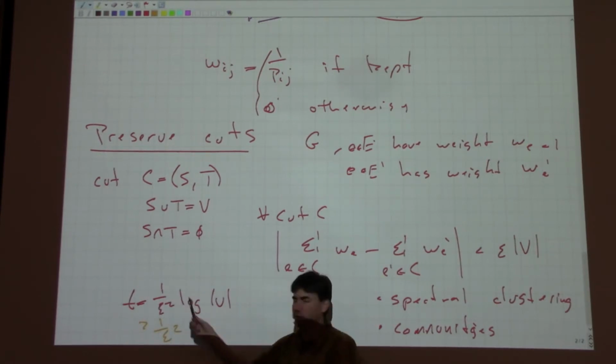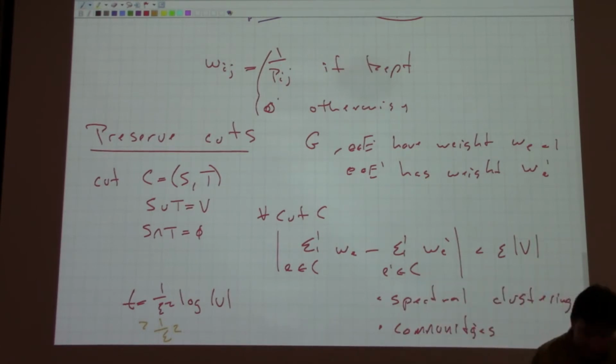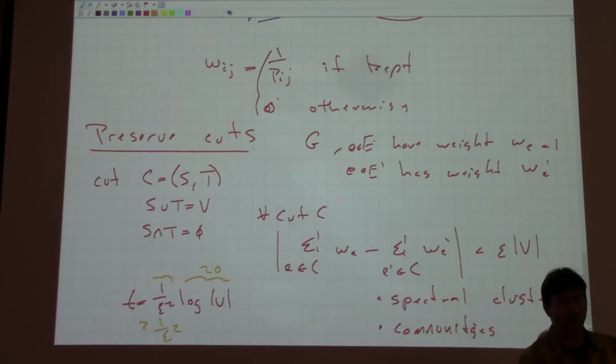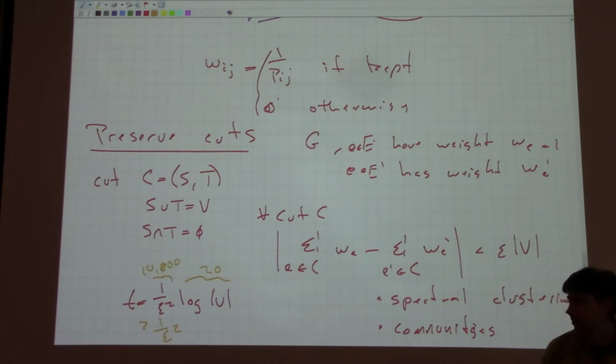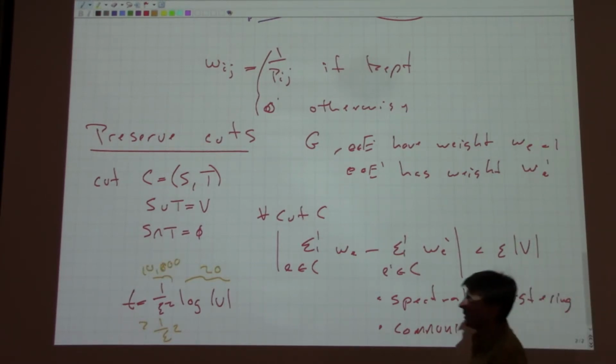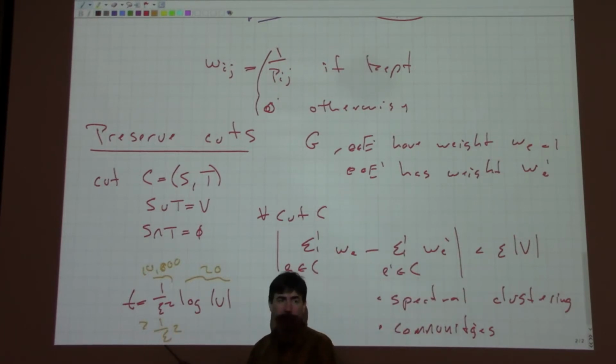And I think this is really the killer. Remember, this may be about 20. If it's 10%, which is probably not enough, you need this to be 100. If it's 1%, then this may be 10,000, right? So this is the term which is kind of stuck around.